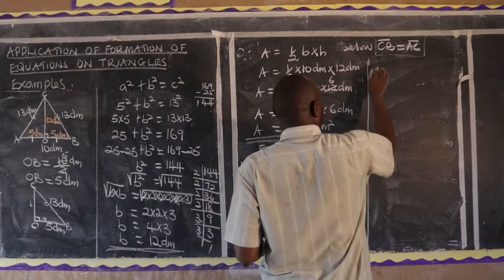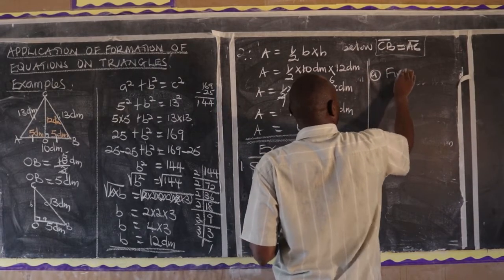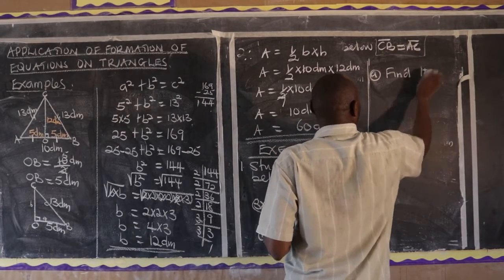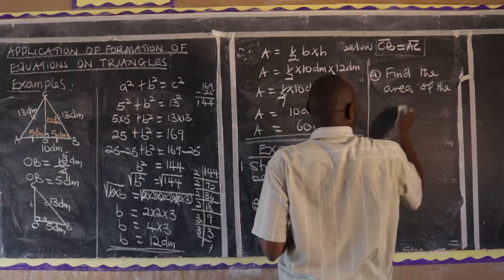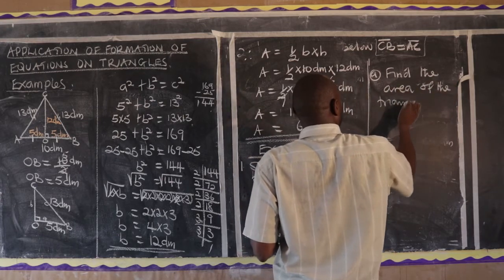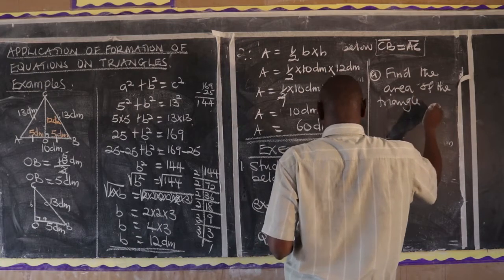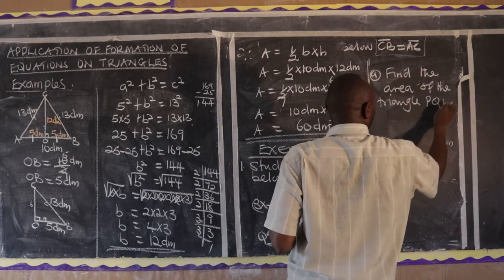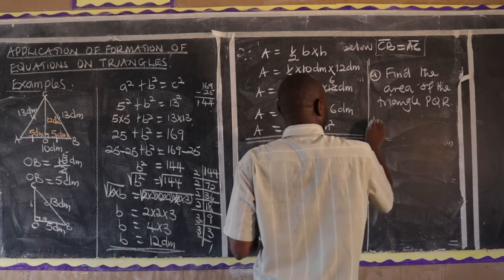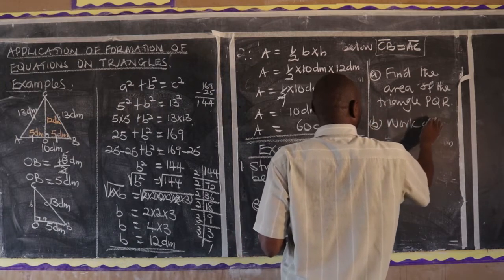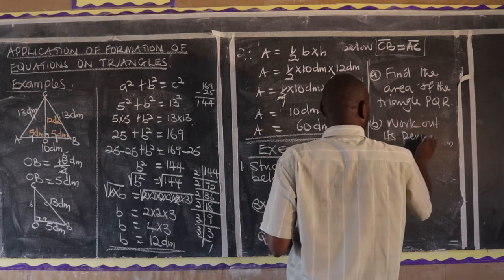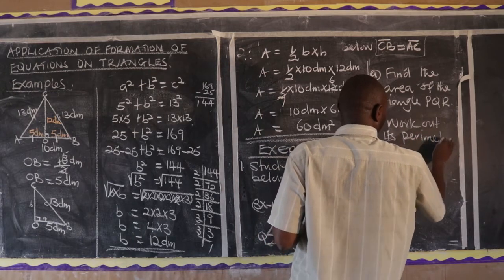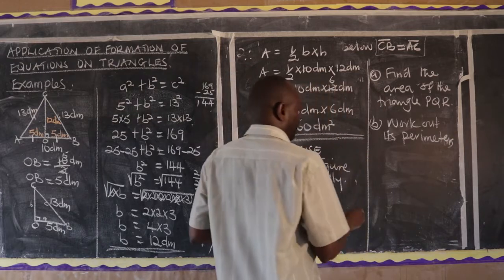Question A, find the area of the triangle PQR. Question B, work out its perimeter.